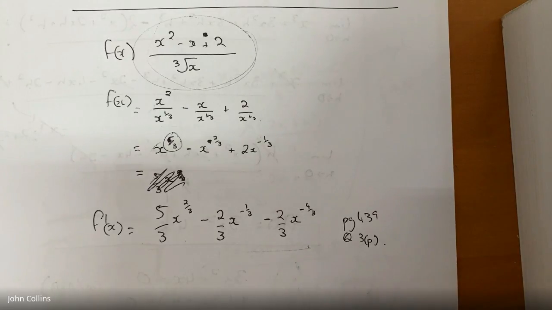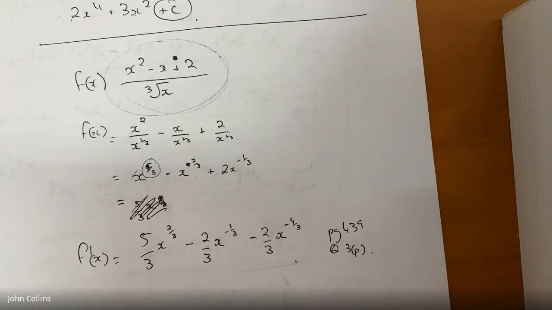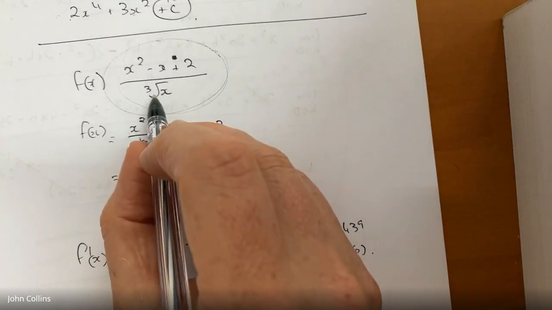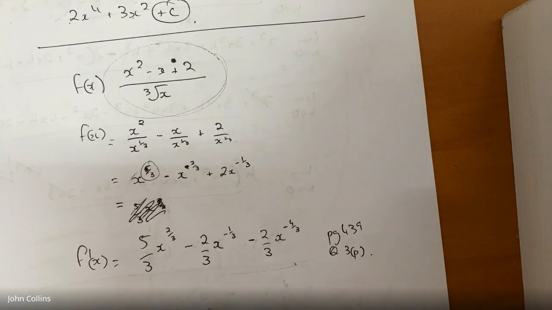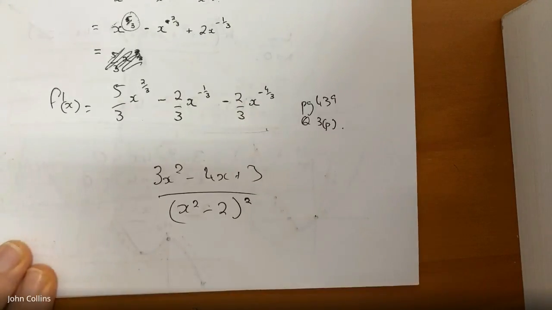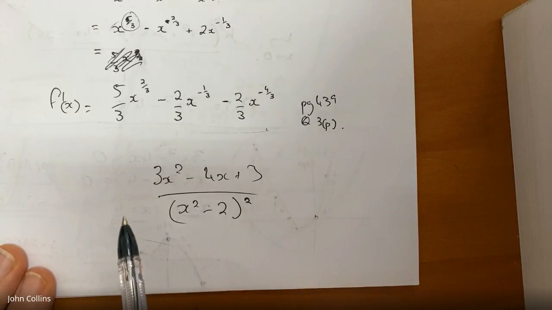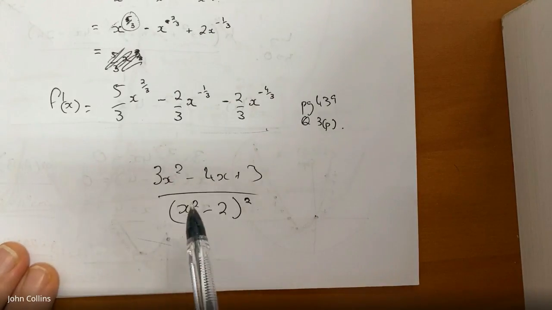For instance, what happens when you can't do this? What happens when you've got something like 3x squared minus 4x plus 3 over x squared minus 2? Sorry, I'm off camera. What happens if we want to differentiate this? This is a legitimate function, like the ones we dealt with in the last unit.